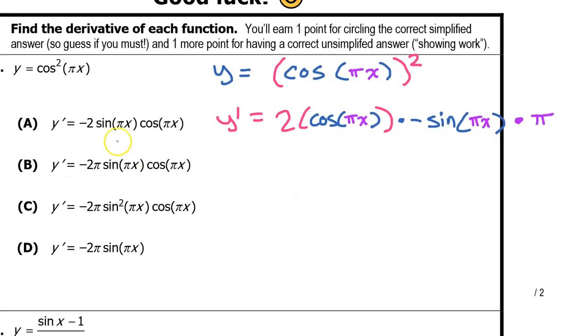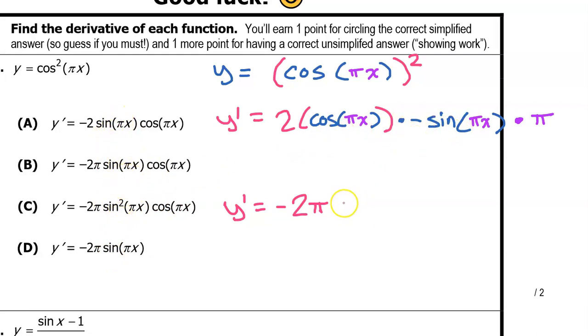I just have to match it with the right multiple choice option. So maybe a little simplification is in order. We have the 2 and the negative sign and the pi. So we can write negative 2 pi and put that in the front. Then we have the sine and the cosine. Looking at the answer choices, they always seem to write the sine function first.